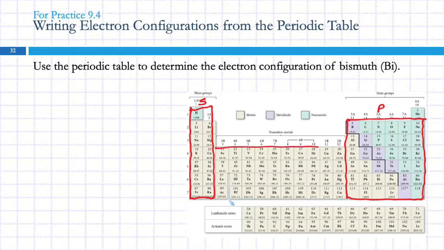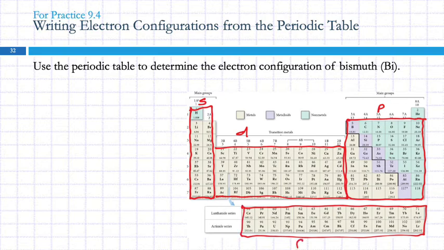Here in the middle, what's that one? D. I'm losing you. And this down here is F. So if you need to know how many electrons could fit in an F sublevel, just count the boxes.